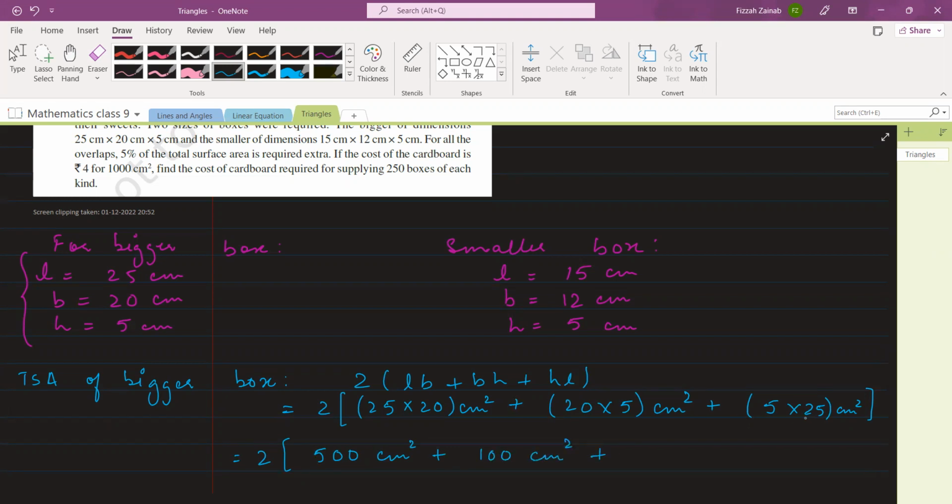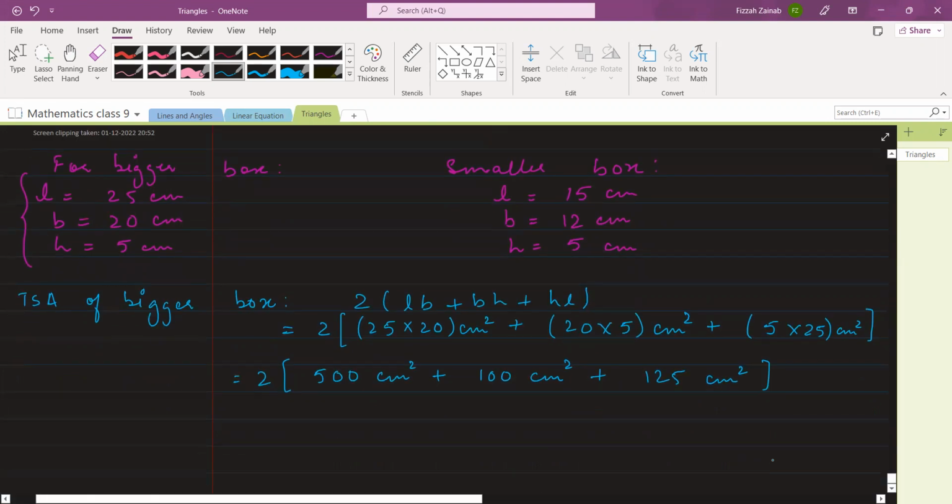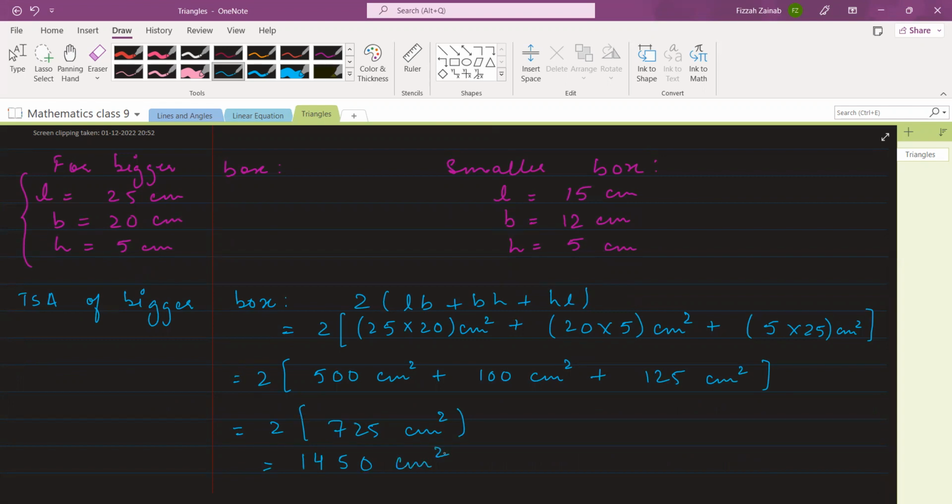And 5 into 25 will be 125 centimeters square, since 25 into 4 is 100 and extra 25, so 125. Now just add them: 500, 600, so 725 centimeters square. Now you multiply by 2. So 2 into 5 is 10, carry 1, 2 into 2 and 1, 5, 2 into 7 is 14. So 1450 centimeters square.